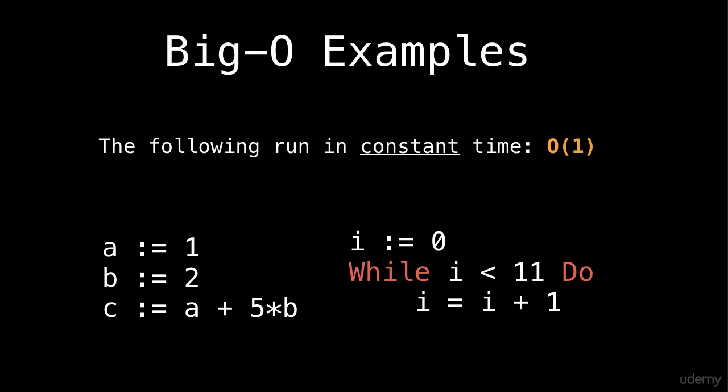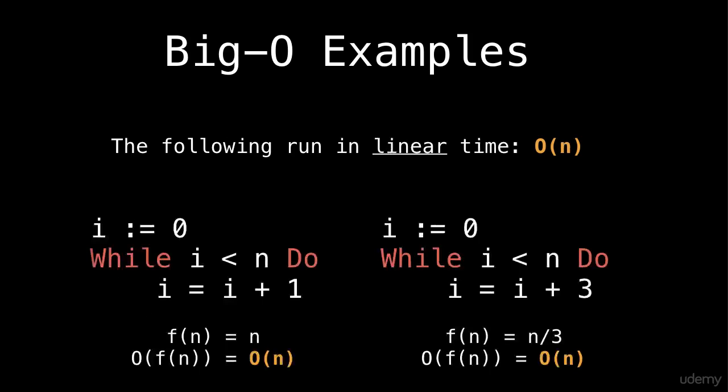And on the right, we're doing a loop, but the loop itself doesn't depend on n, so it also runs in a constant amount of time. So as our input size gets arbitrarily large, that loop is still going to run in the same amount of time, regardless. Now let's look at a linear example.